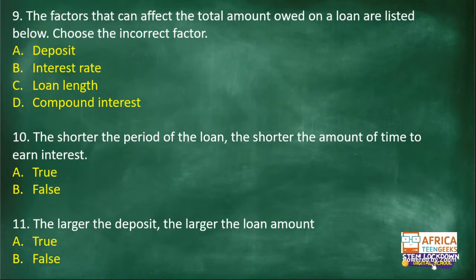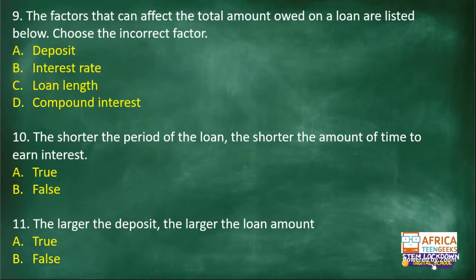There's one factor there that is not correct. A is the deposit, B is the interest rate, C is the loan length, D there is the compound interest.